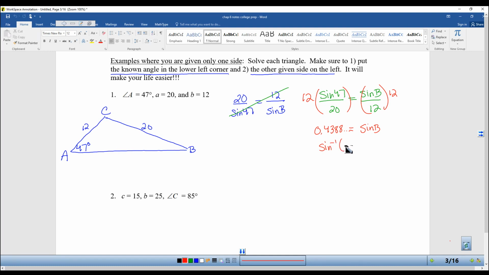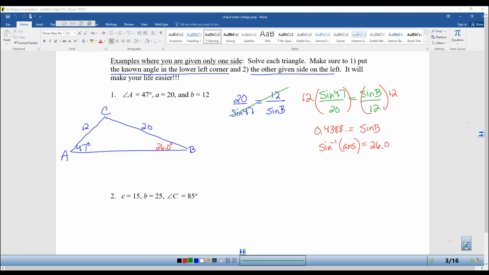So instead, use the answer button. It's right next to the enter. It's the second feature of the negative key. And that way you can get the exact answer, which is 26. It's actually 26.028, so just 26.0.